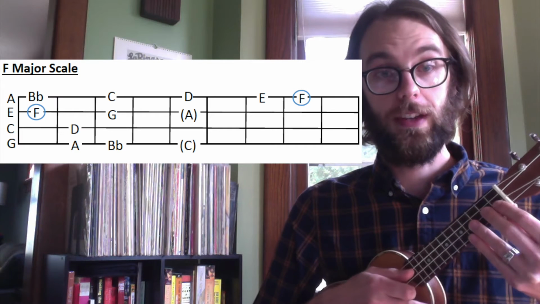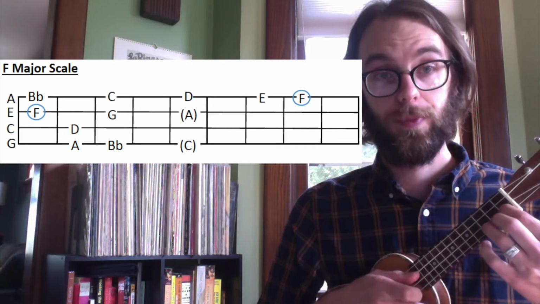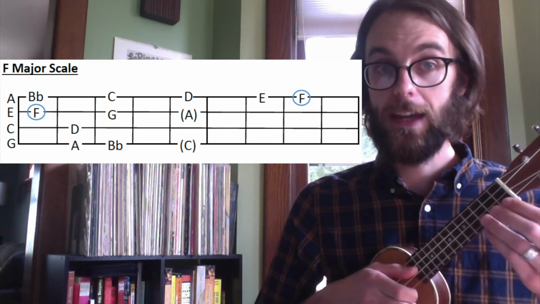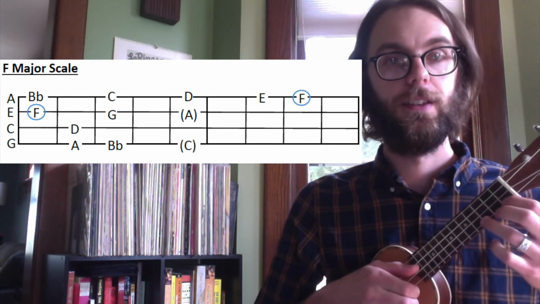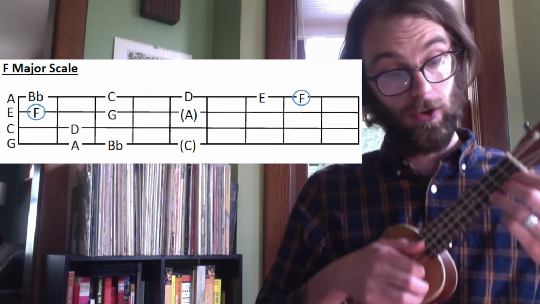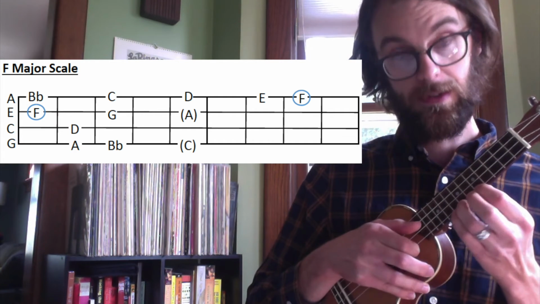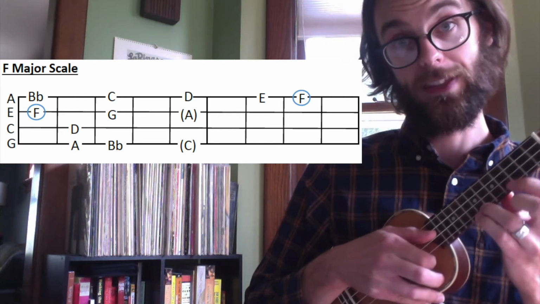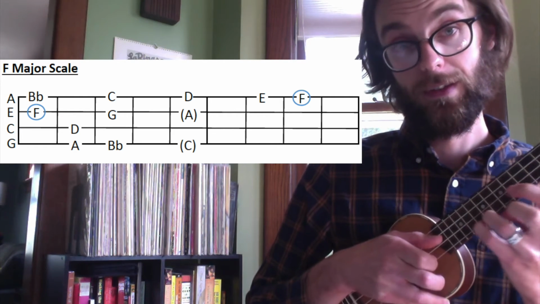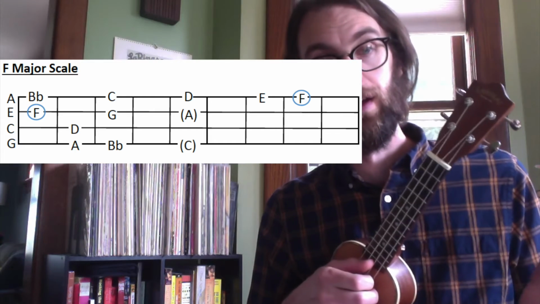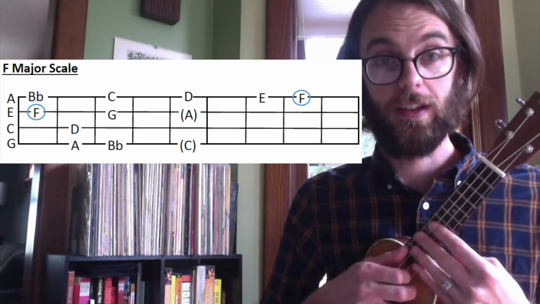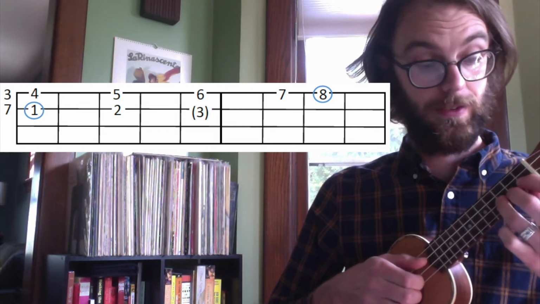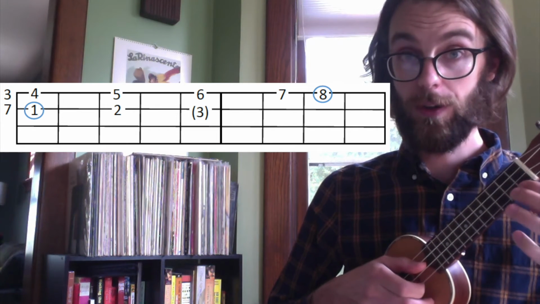So starting on the F with the circle here, and working up, we have F, G, A, B flat, C, and then you go up the neck, D, E, F, with that half step right at the end there. In numbers, it looks like this. So you have 1, 2, 3, 4, right next to each other.